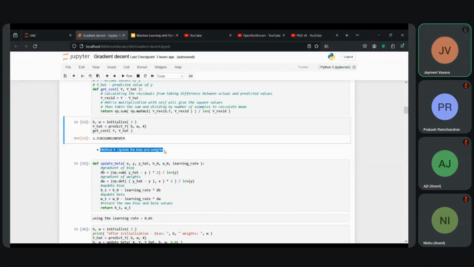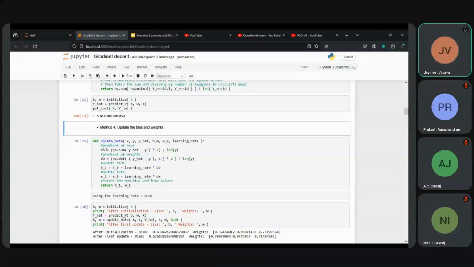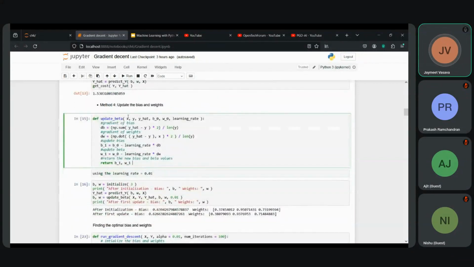Then method 4 was to update the bias and weights. We defined a function update beta, which took x, y hat, bias 0, weight 0 values, and the learning rate.